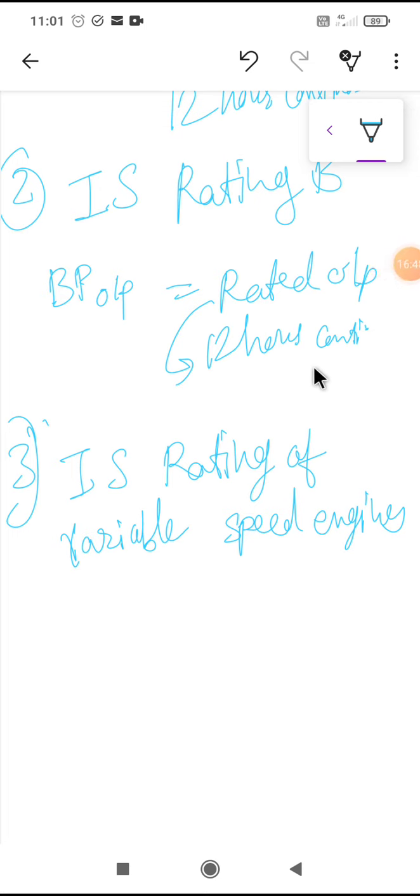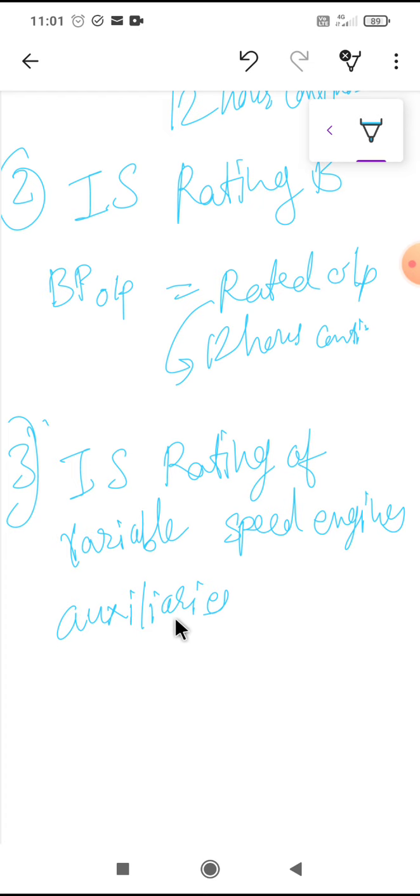So the power measured on a test bed at the crankshaft equivalent to speed according to the reference standard condition, the engine being equipped with auxiliaries necessary for determination of net power.